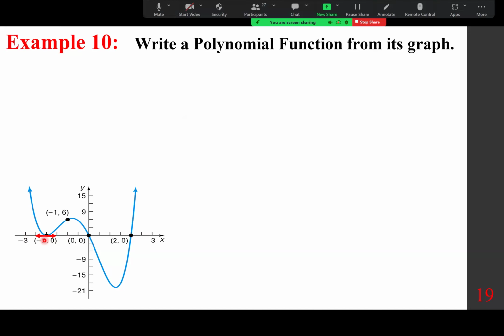And this one, I put the arrow to emphasize this one as it hits the graph, comes back up, has to have a multiplicity even. So we have 3 x-intercepts. At -2, the multiplicity is even for sure. At 0, 2, it crosses, so the multiplicity must be odd.